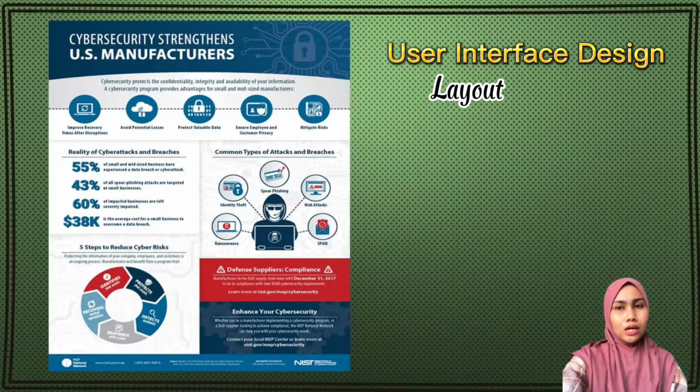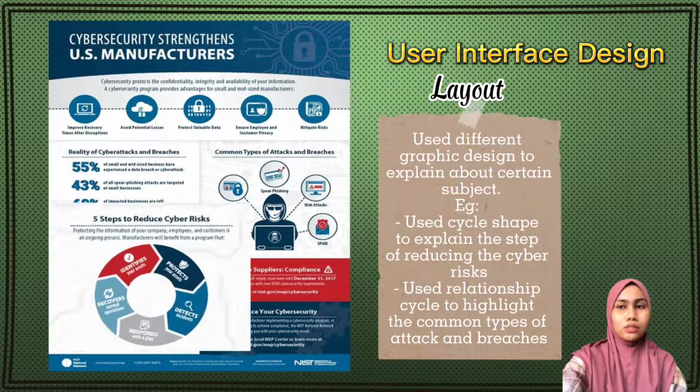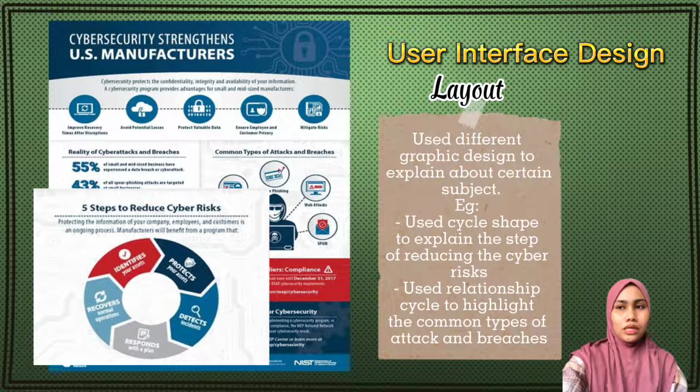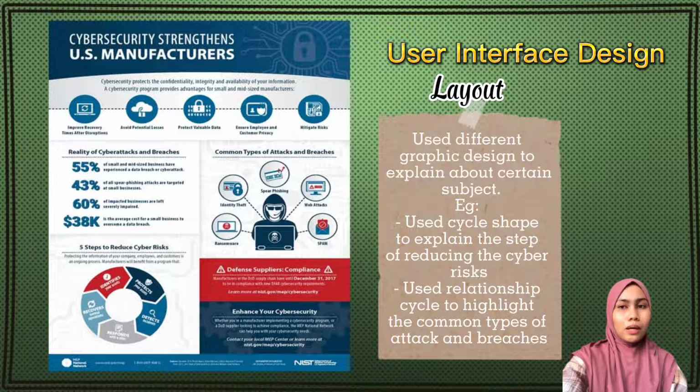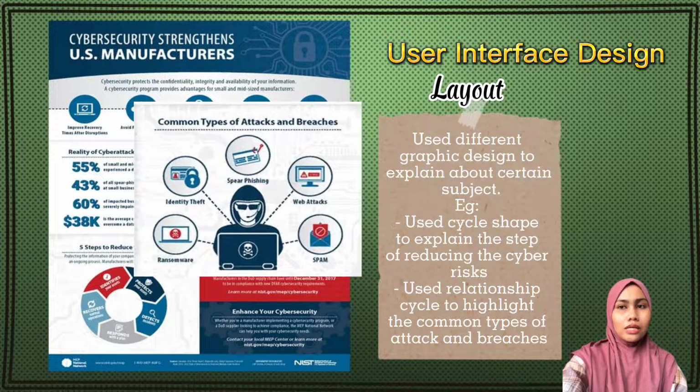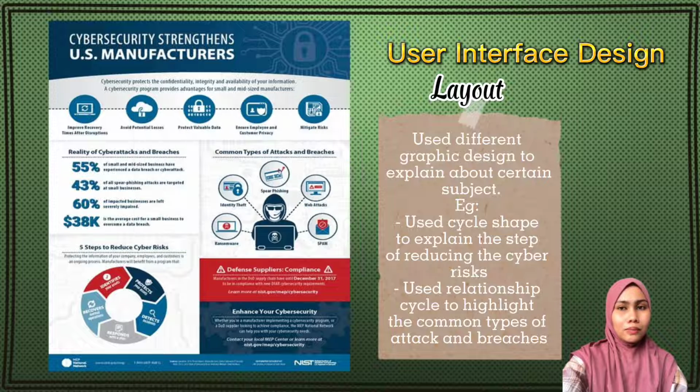Last but not least, how it displays the tasks. The infographic uses a cycle shape to describe the steps to reduce cyber risk. It is easier for readers to understand and remember the steps. Then it uses mind map icons to explain sections, such as in terms, common types of attack, and breach. It makes readers understand without reading much description.